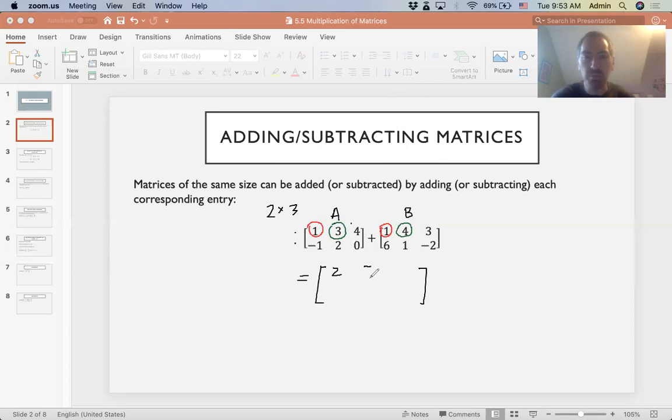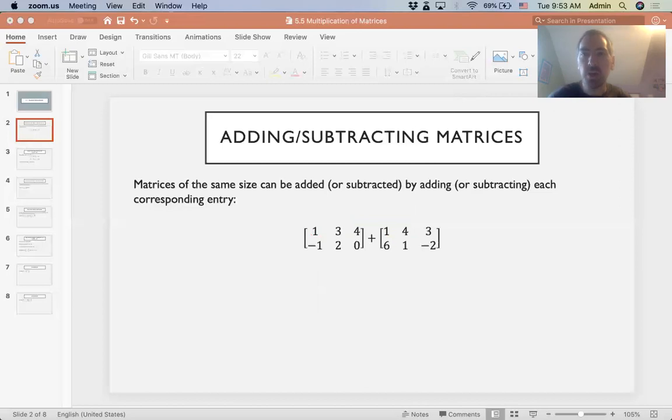And we'll continue doing that same procedure, just adding those corresponding entries. 4 plus 3 is 7. Negative 1 plus 6 is 5. 2 plus 1 is 3, and 0 plus a negative 2 is negative 2. It's as simple as that. If we were subtracting these, we would do the same thing. We would subtract each corresponding entry.